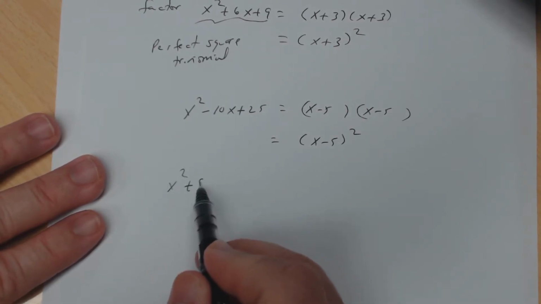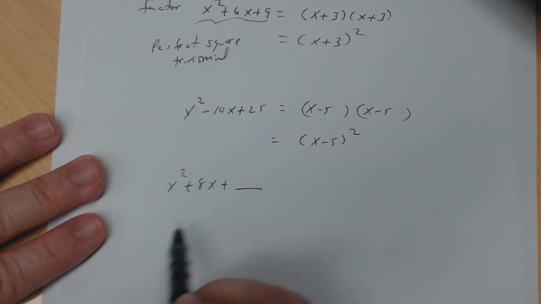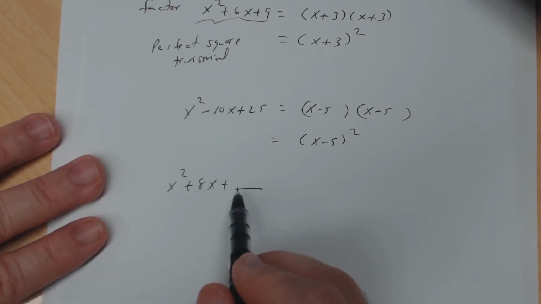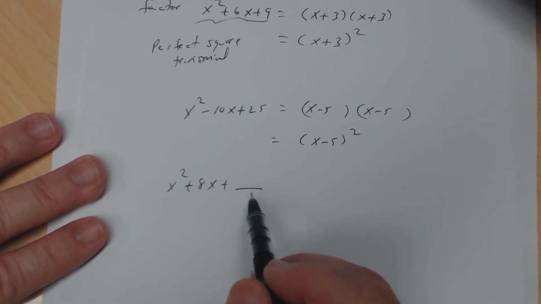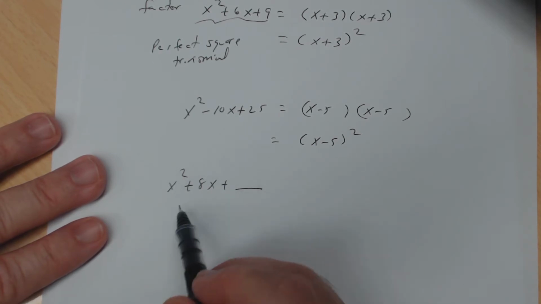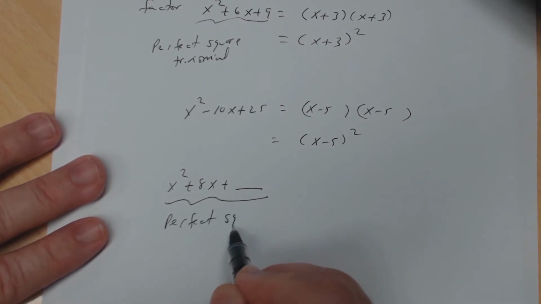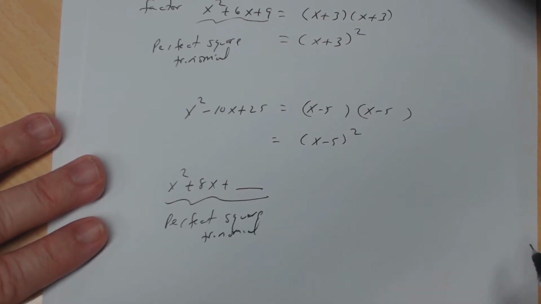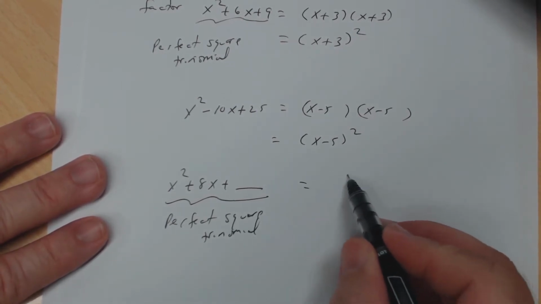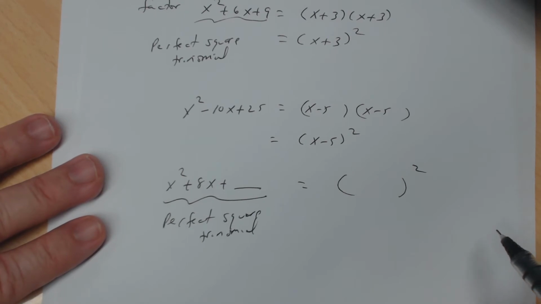So the question becomes this. I have this expression x squared plus 8x plus some number. What can I add here so that this becomes a perfect square trinomial? In other words, so that I can factor it as a binomial squared.